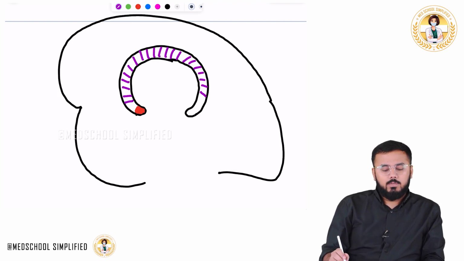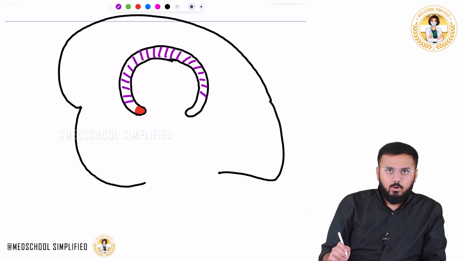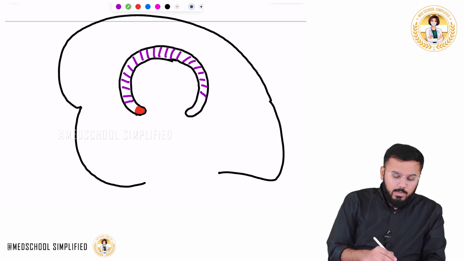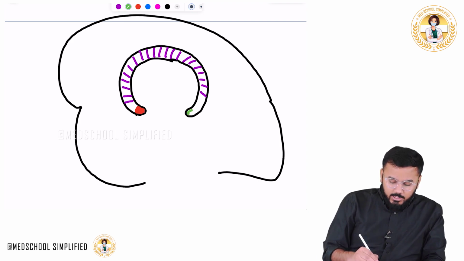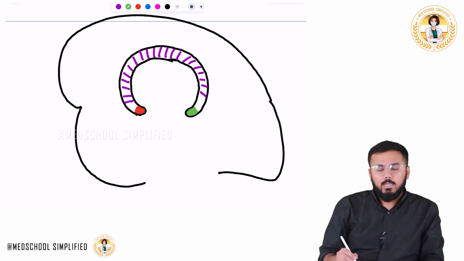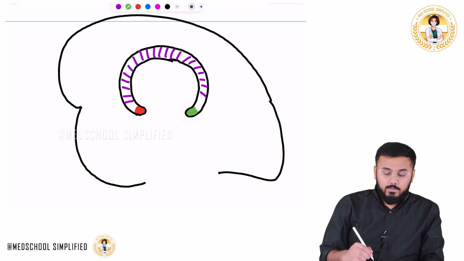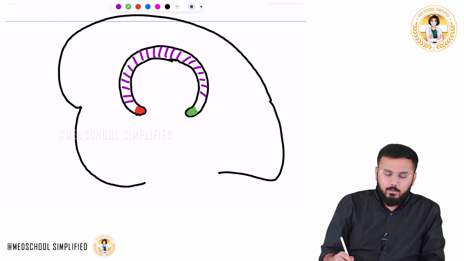When you come down towards the tail region, here you have a green colored structure, called the splenium.